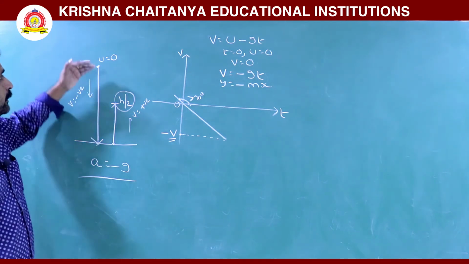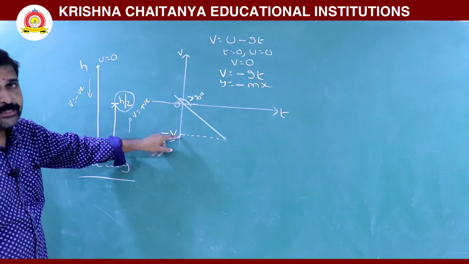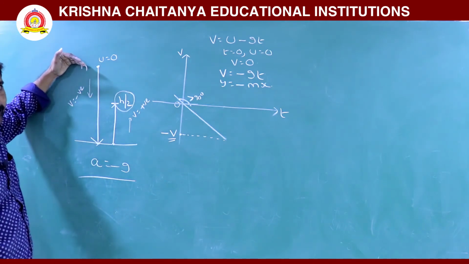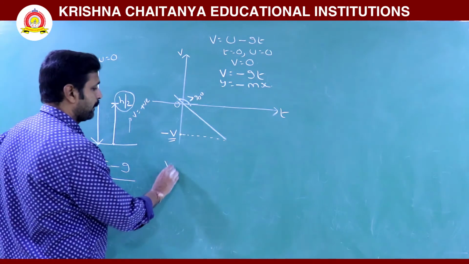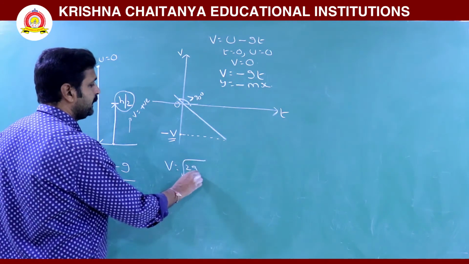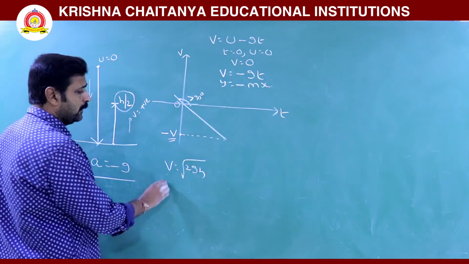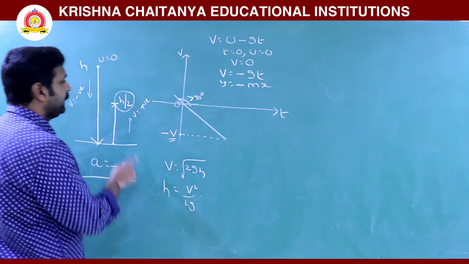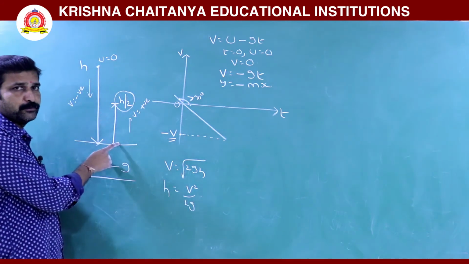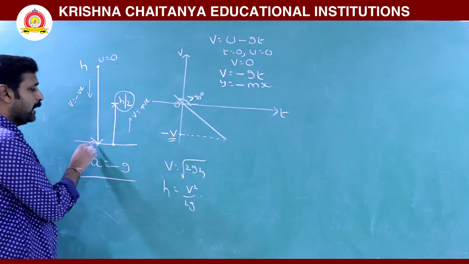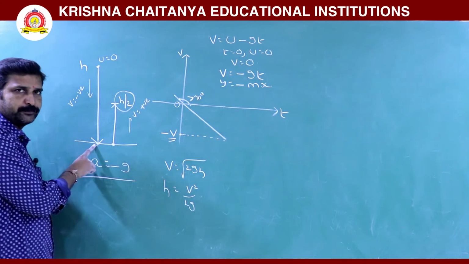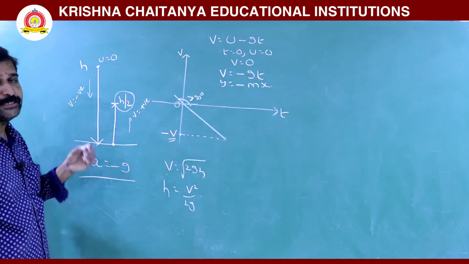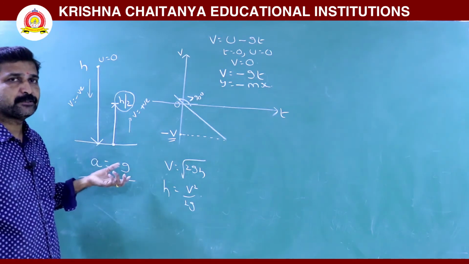Because v is obtained when it is dropped from h, so v is root 2gh in magnitude, or h is v squared by 2g. But here it reaches only h by 2, because after it strikes the ground, it loses some energy in the collision, so its velocity decreases.